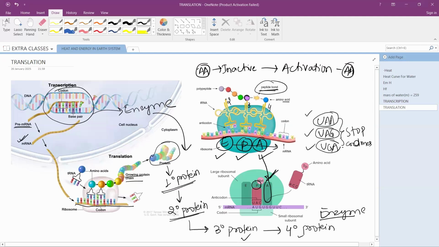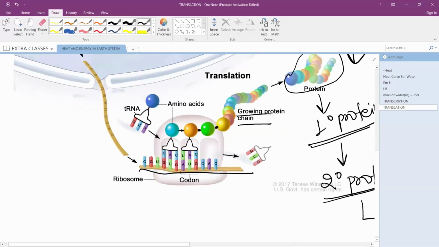One thing you also have to keep in mind about the genetic code: these are the genetic codes, and they are triplet. Three nucleotide bases encode one amino acid.